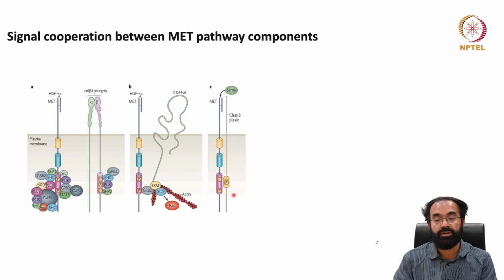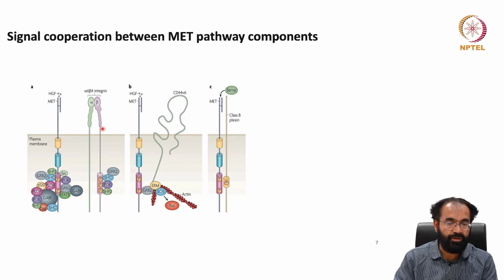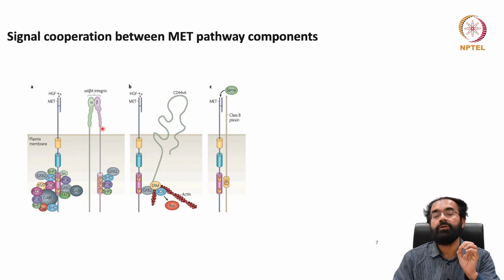In another scenario, MET is bound by another protein called SEMA, and then the class B plexin comes into dimerization. So you have different types of scenarios occurring with the same ligand receptor. It's almost like a Swiss army knife, and based on which tissue you are talking about, this can have a differential behavior. This is what you should keep in your mind.